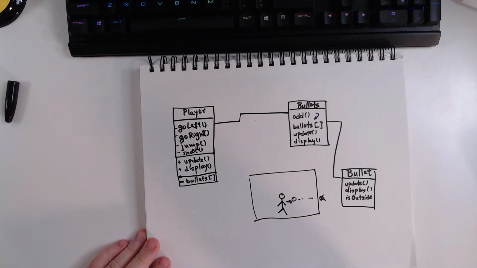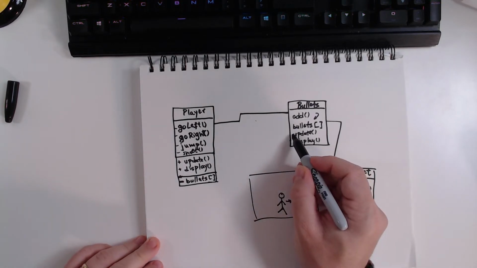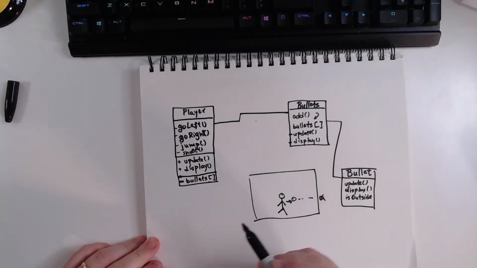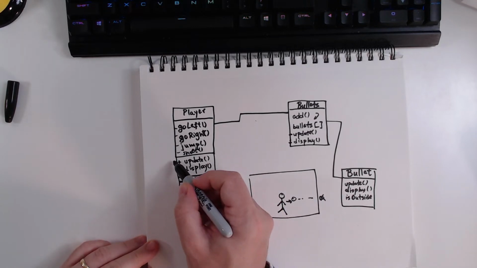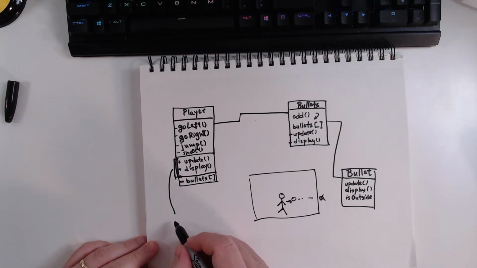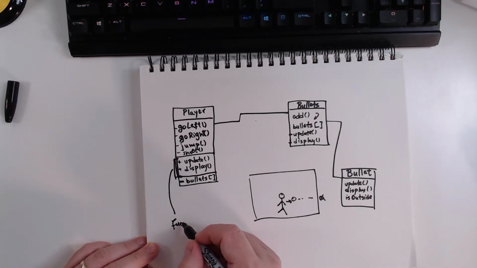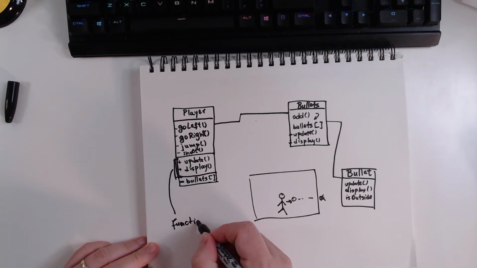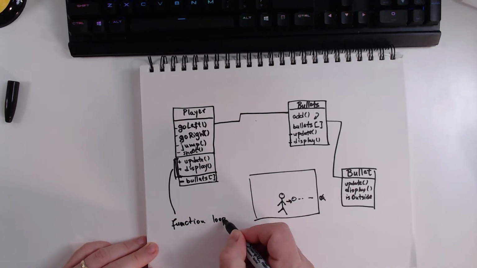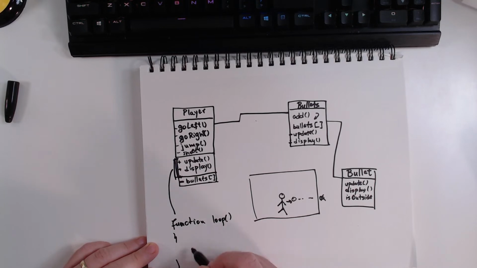Before we move to today's lesson, I just want to highlight the pattern that we use with update and display. From the outside, we are just invoking update and display, and these were invoked from our game loop function. So in function loop, from outside here, we invoke player.update and then player.display.